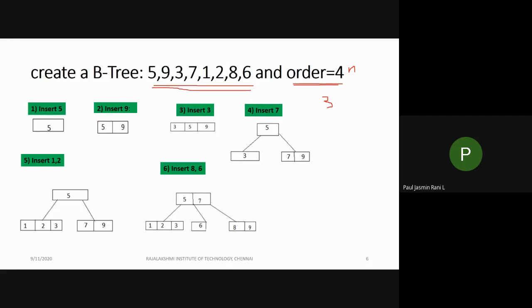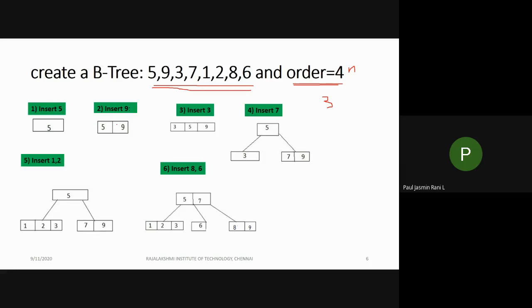Now I'm going to insert the elements. Let us consider I'm going to construct a B tree. First, I'm going to insert the 5. I'm going to take the node like this: 5. So I have only 1 element, and I inserted it there. The next one is 9. Where do I have to insert? I should start inserting from the root node.